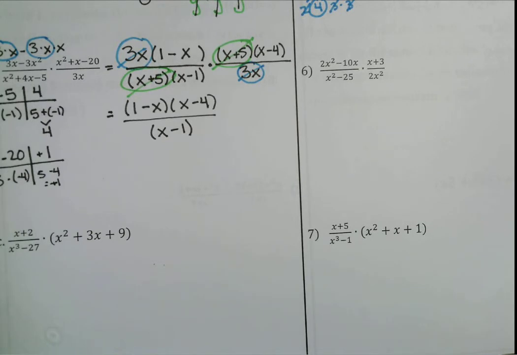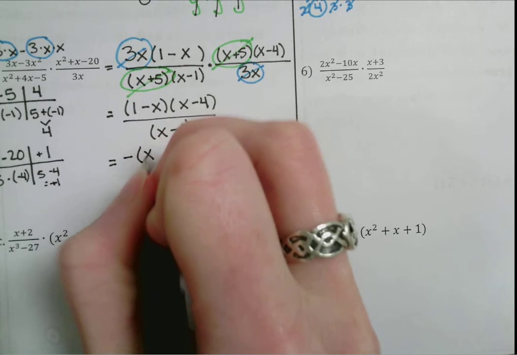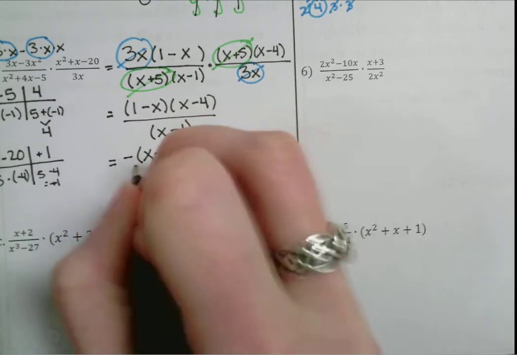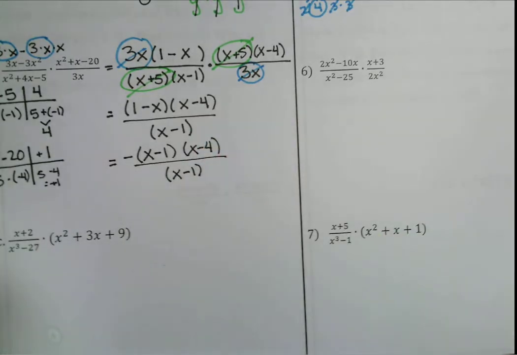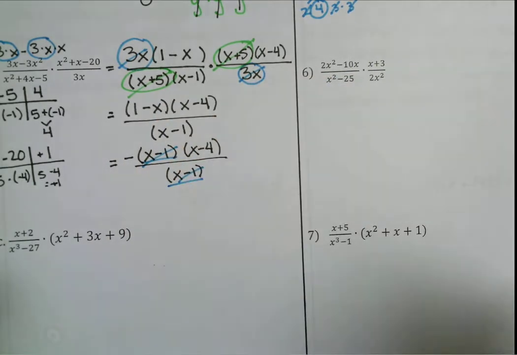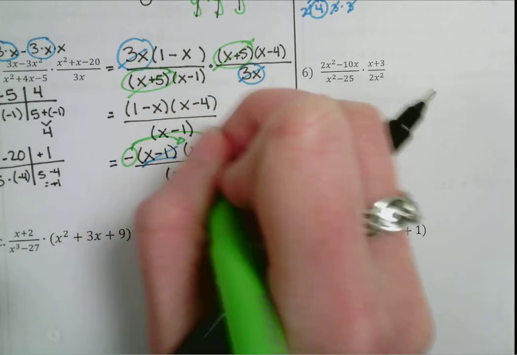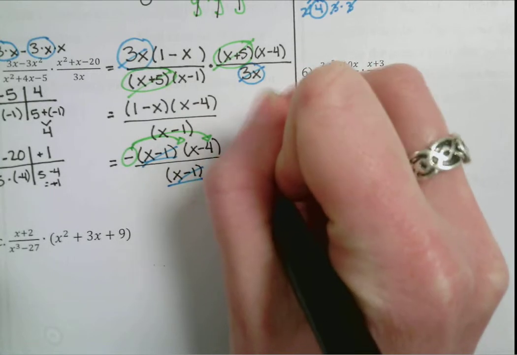So, equals negative x minus 1 times an x minus 4 all over an x minus 1. Now, okay, I'm back to having these two things be the same. They cancel out. Final answer, I'm just going to take this negative, distribute it into here. So we have, at the end, a negative x plus 4.